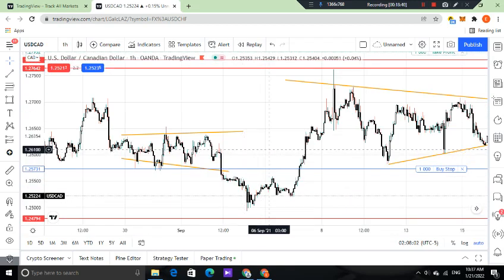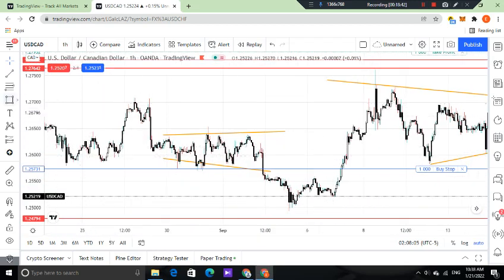Okay, another example here. This pattern is rare, and you have to look for it.